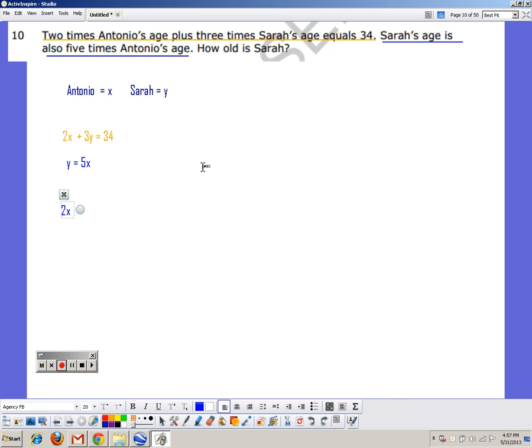So we have 2x plus 3 times 5x equals 34. 2x plus, well, 3 times 5x is 15x equals 34. That gives us 17x equals 34. You're going to find x by dividing 34 by 17, so x equals 2.